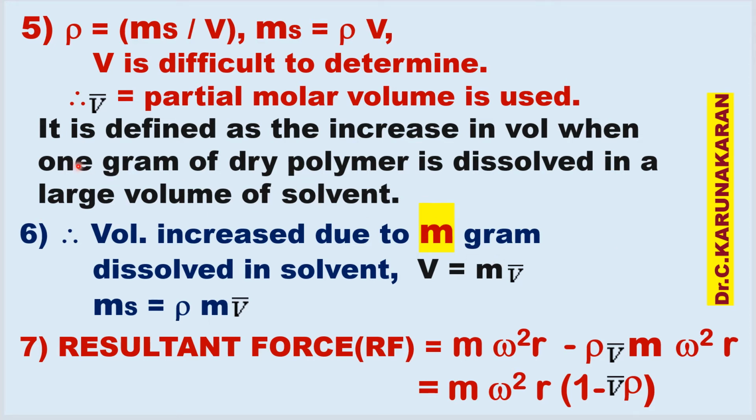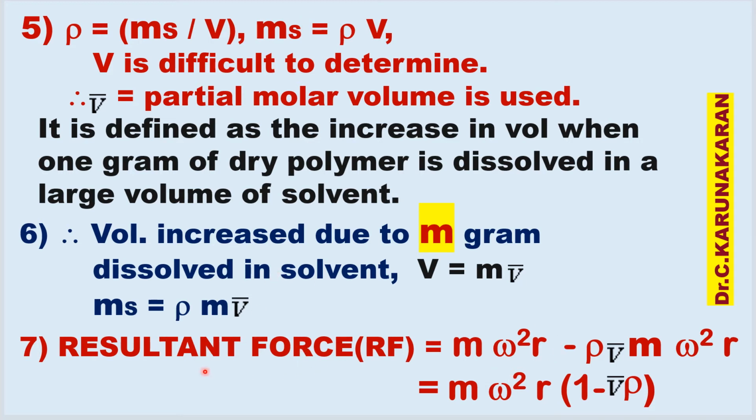For 1 gram of dry polymer, the volume increase is V bar, the partial molar volume. The volume increased due to m gram of polymer dissolved in solvent is therefore V equal to m V bar. Let us substitute V in this expression. Therefore, ms equal to rho m V bar.